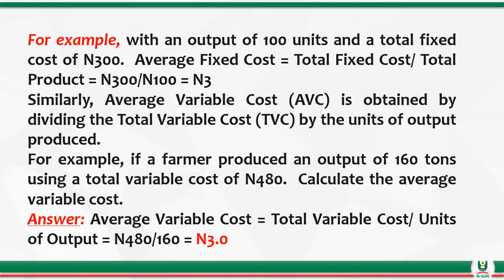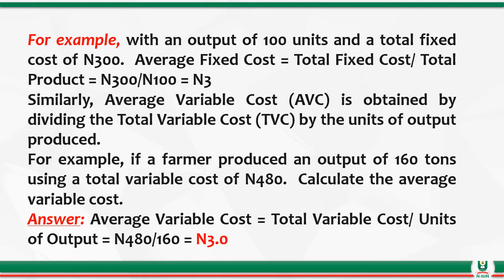For example, with an output of 100 units and a total fixed cost of 300 naira, average fixed cost is equal to total fixed cost over total product. That is 300 naira divided by 100, giving us 3 naira. Then similarly, average variable cost is obtained by dividing the total variable cost by the units of output produced.